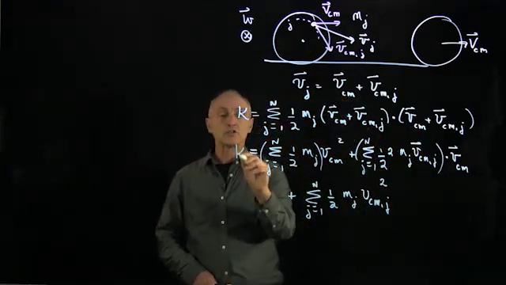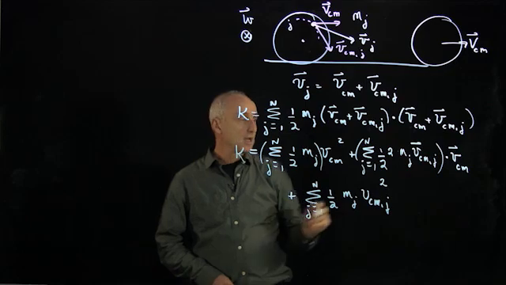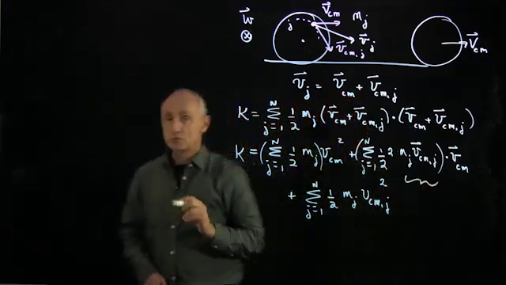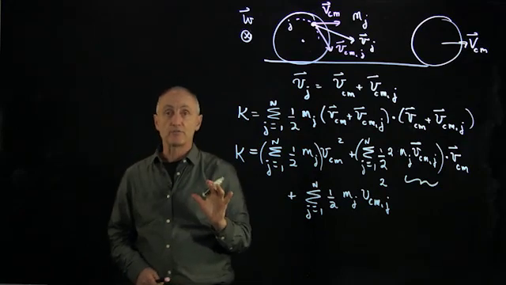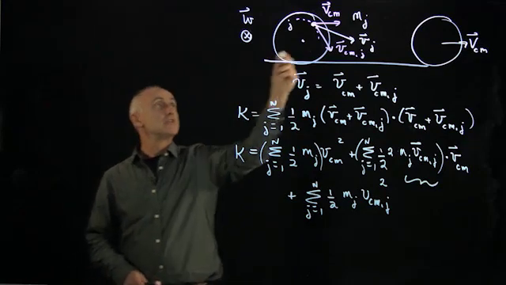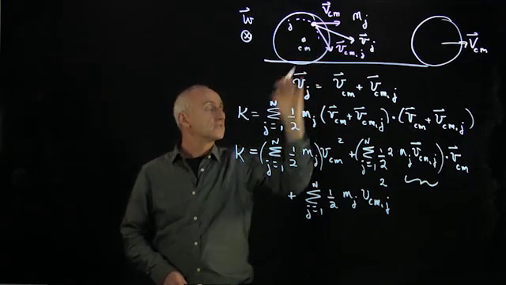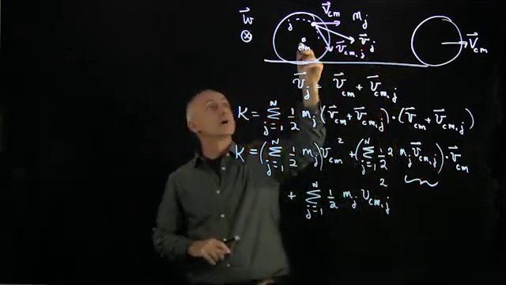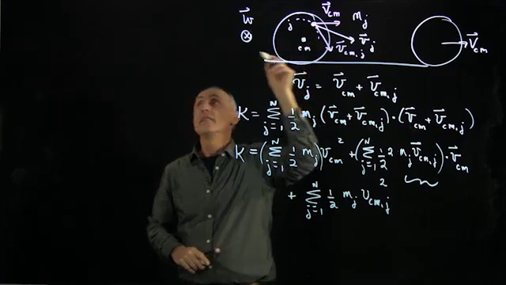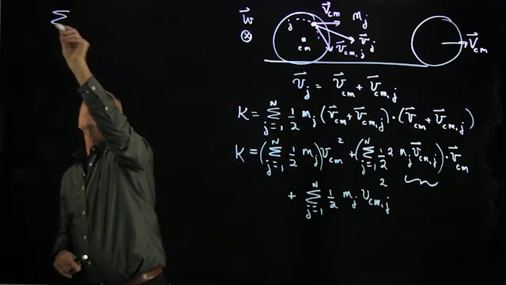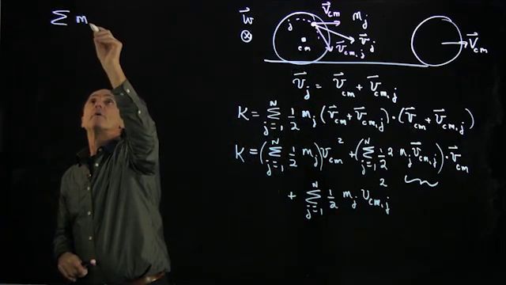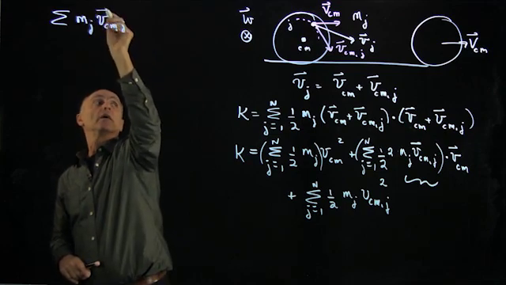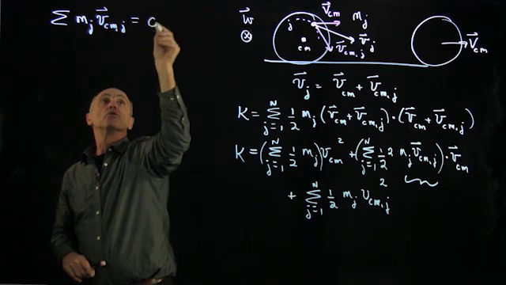And so our kinetic energy looks rather complicated. But let's focus on this term right here, because recall from our video on the center of mass that the definition of the center of mass reference frame is that, in the center of mass reference frame, the sum of mj VCMJ is equal to 0.